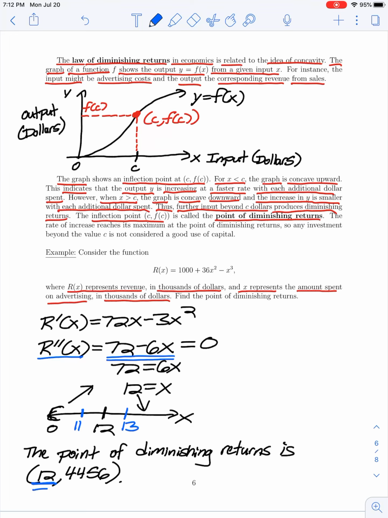And if we spend up to $12,000 on advertising, we could expect our revenue to increase to a value of 44.56, but that was being measured in thousands. So we could expect our target amount spent on advertising would be $12,000, and the corresponding revenue from sales would be $4,456,000.